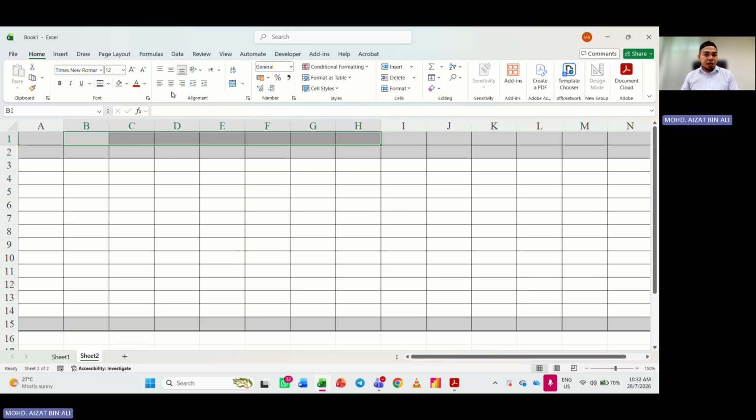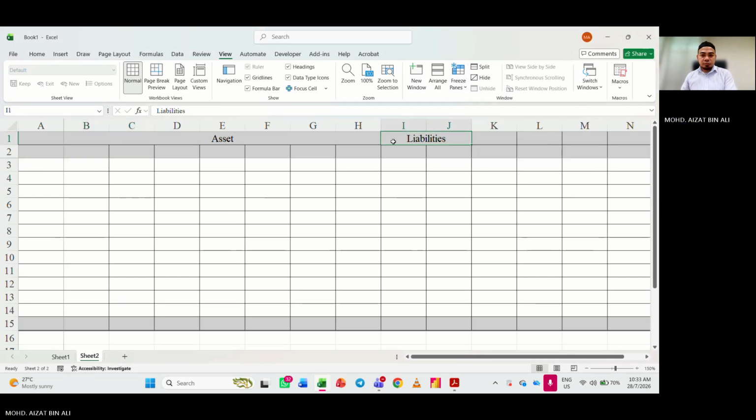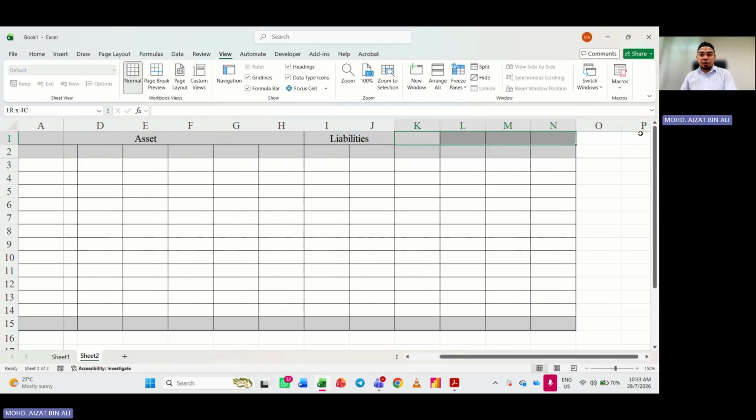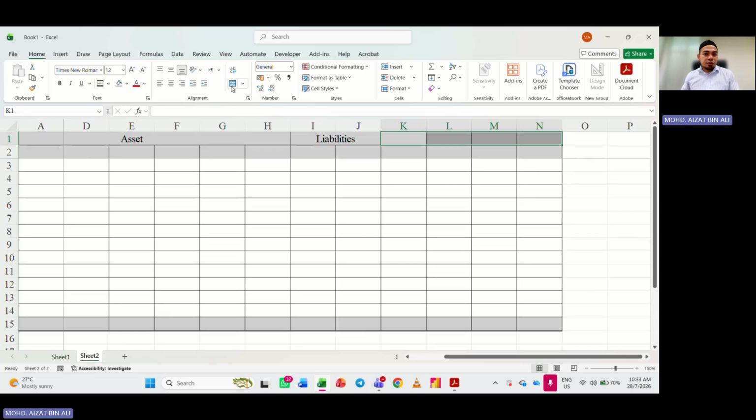Firstly we have our assets here, and then we have our liabilities. We don't need that many columns for liabilities. And then we have our owner's equity section.